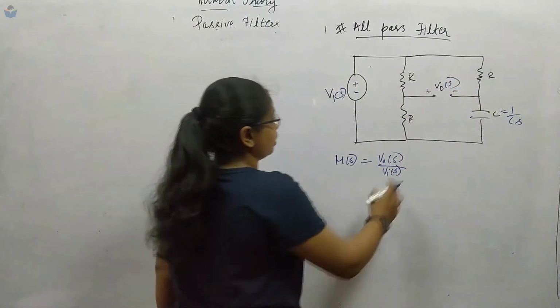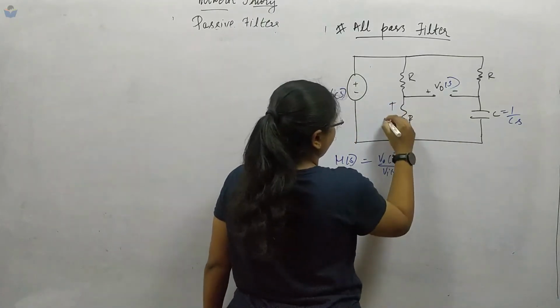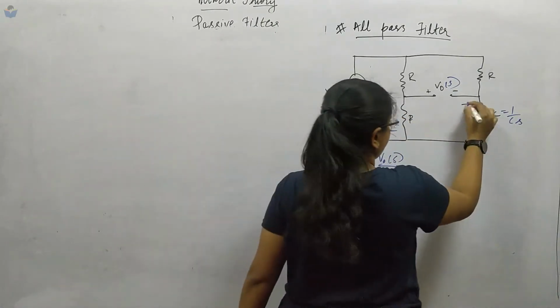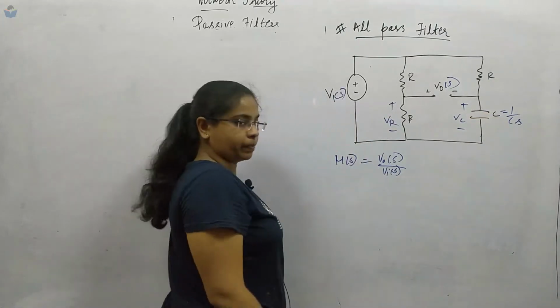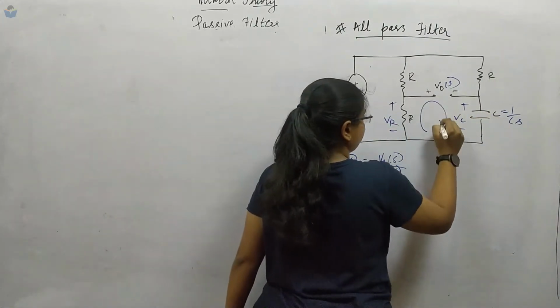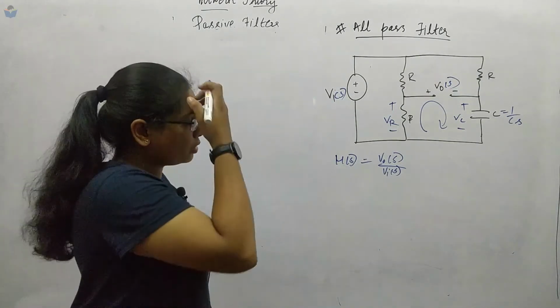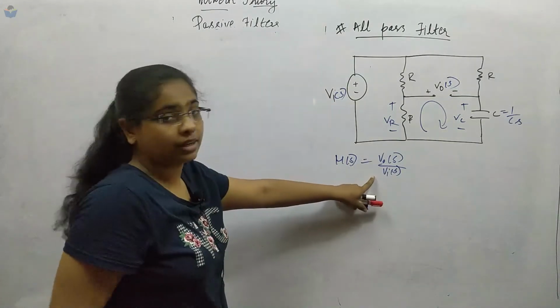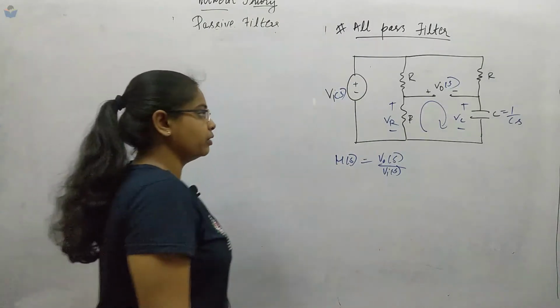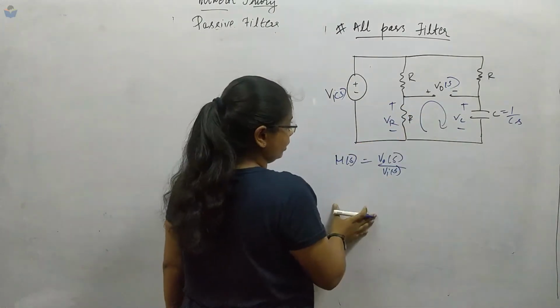Now first I will take this as VR and here is VC. Next, I will apply KVL in this branch. Basically we are doing this only to get the relationship between these two. We do not want all these terms in our equation.